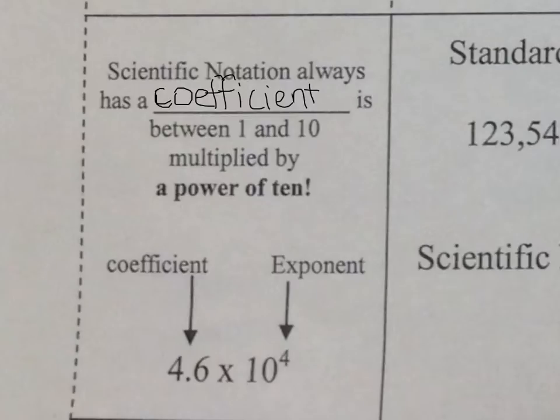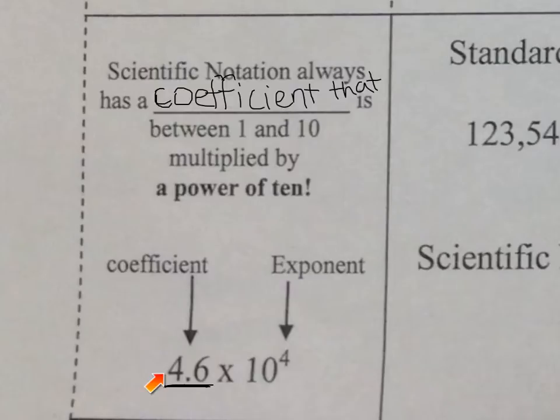Scientific notation always has a coefficient that is between 1 and 10, and it's multiplied by a power of 10. So the coefficient here is the number in the front. This number is 4.6 times 10 to the 4th power. 4.6 is the coefficient. That's the number in front.